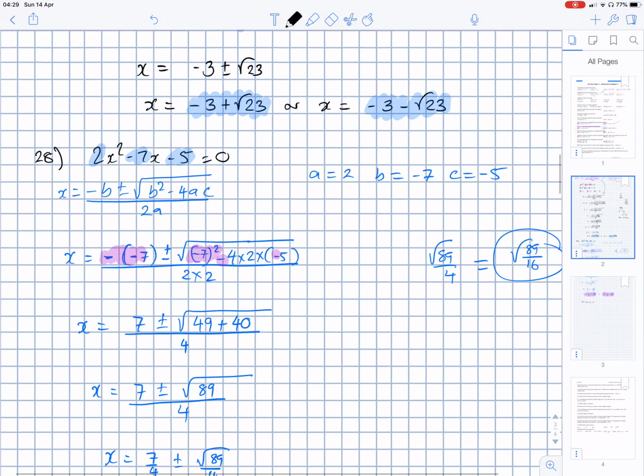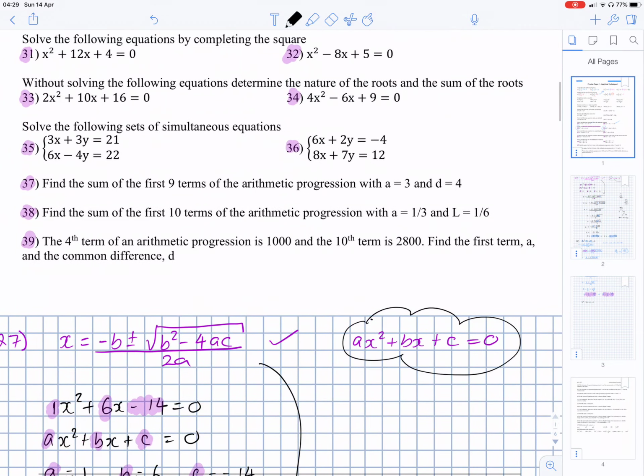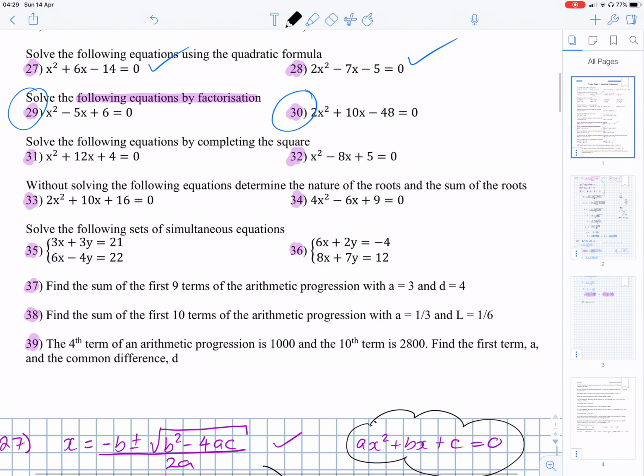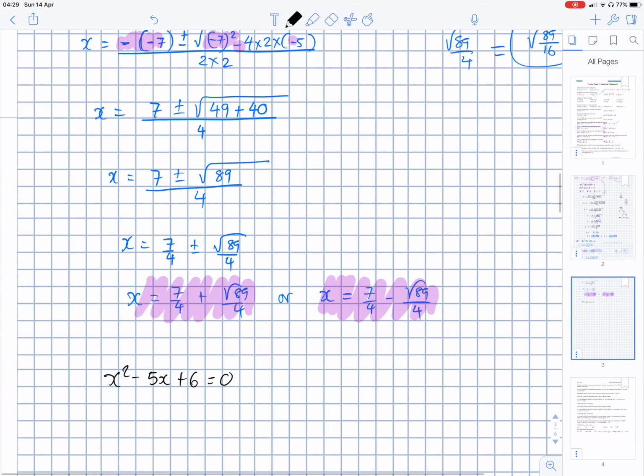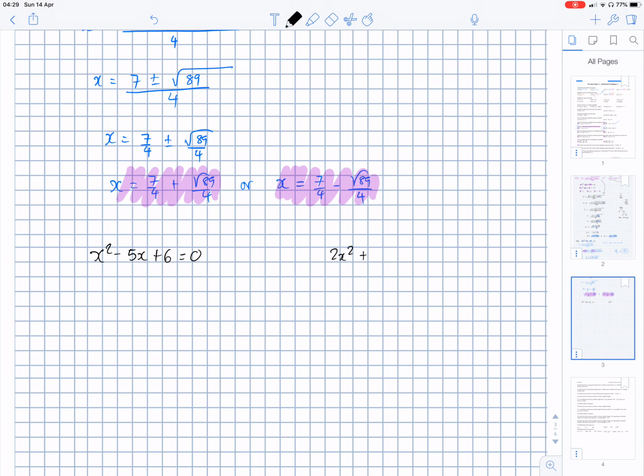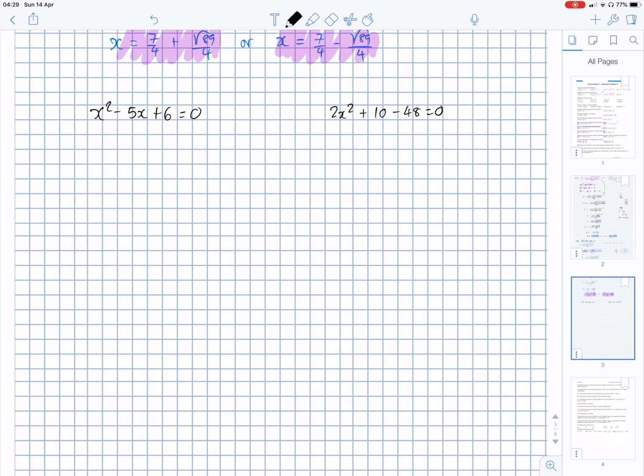And the other one is 2x squared plus 10x minus 48 equals 0. So let's start off with this one.